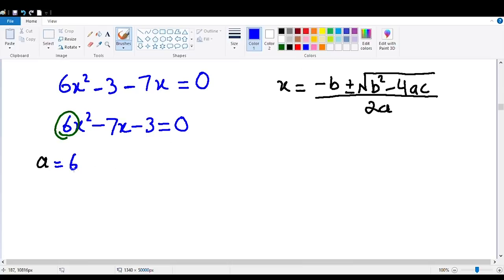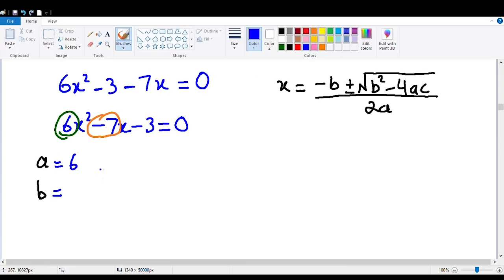So a equals 6. b, which is the coefficient of the x term, is minus 7.